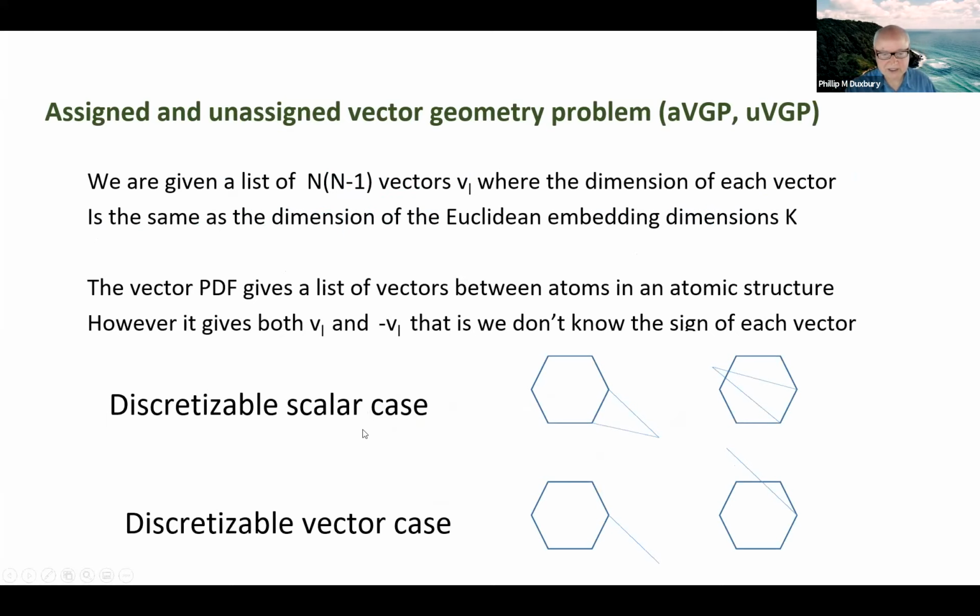So in the case of scalars, which is the distance geometry case, we have the discretizable scalar case where you have, say, this triangle which sits there, and it can be flipped over.